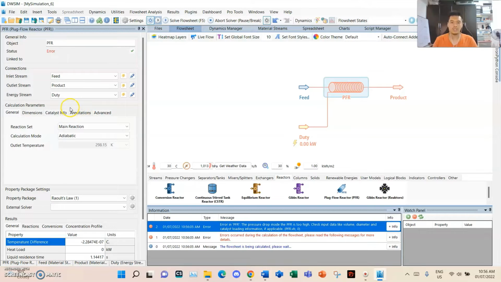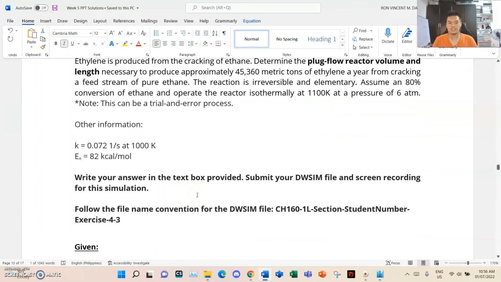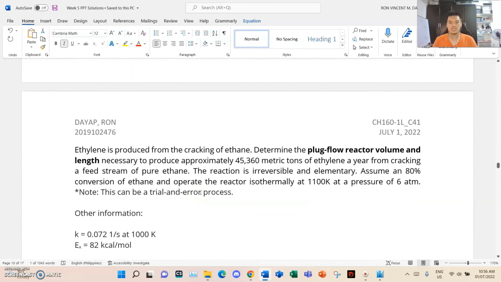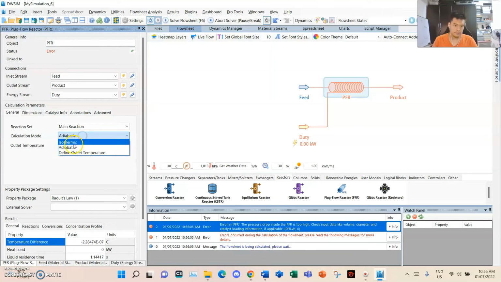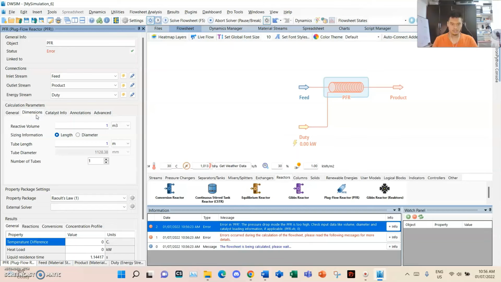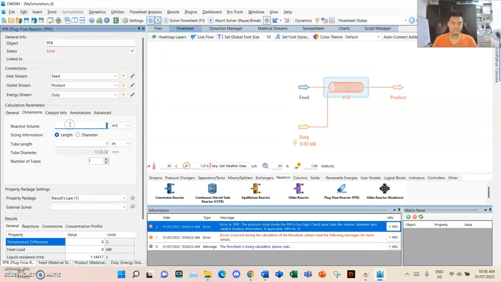We'll now go to the PFR. We defined that the process is isothermal in nature, and then the main reaction is the reaction we specified earlier, and the dimensions are what we want to find: reactor volume, tube length. So if that's the case, how do we do this?